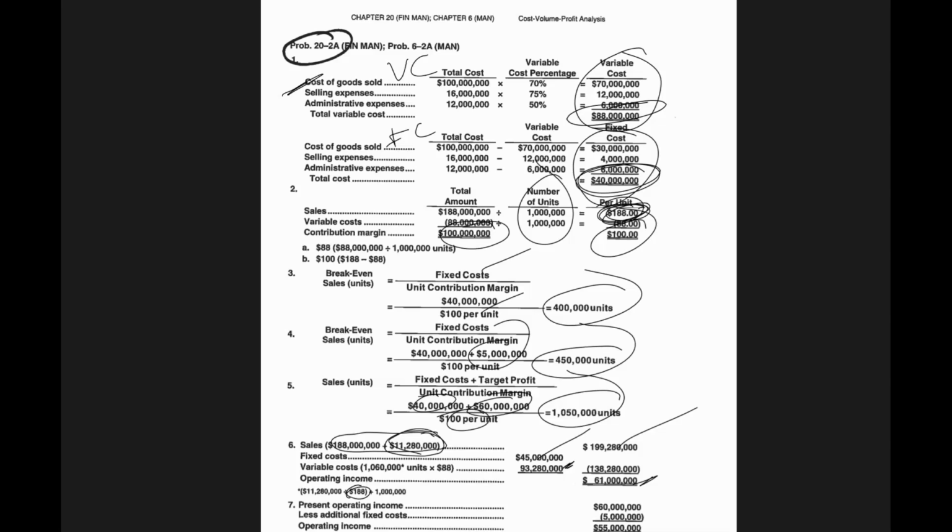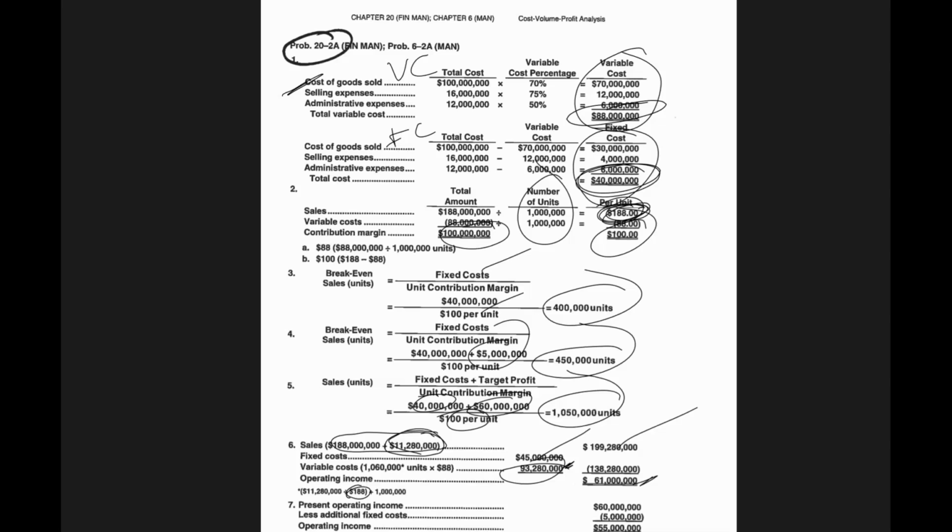So our fixed costs go up, our variable costs are going to change because of additional units, and then we can do number 7. If the proposal is accepted and sales remain the same at the current level, what will operating income or loss be? Well, in this case, our present operating income was 60 million.